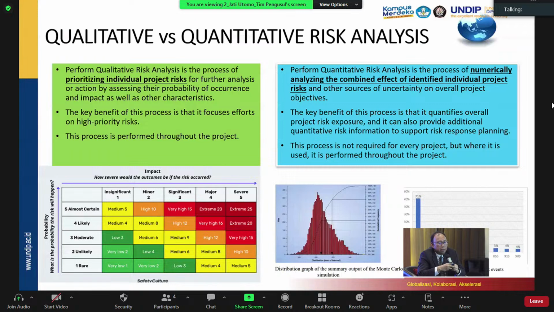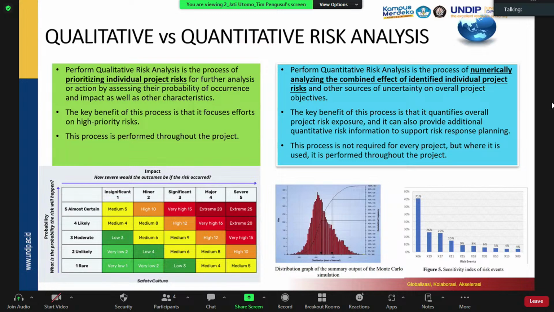And this is an example of the qualitative and quantitative risk analysis, where we can see on the left-hand side, we can use the risk matrix. It displays the probability versus the impact of the risk to a project or to an organization.